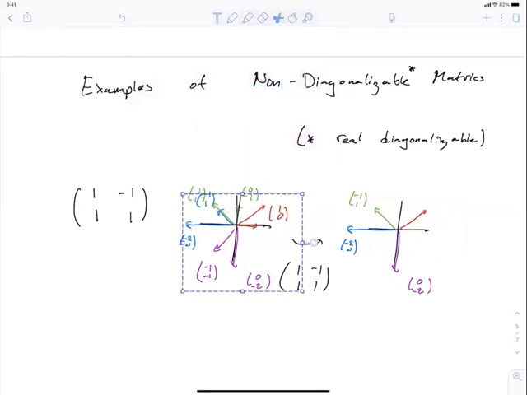If we compare, in all the cases the vectors never align. In fact, they're 45 degrees off of where they started. So no vector is ever going to be in the same position as where it started. This is an example where you can't find any real eigenvectors, because there's no vector in the same direction as where you started.